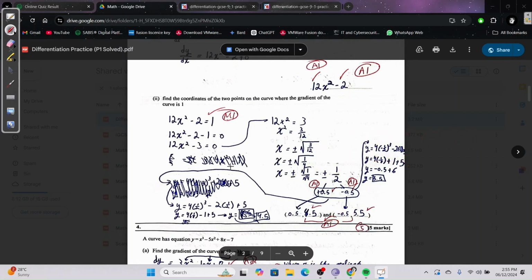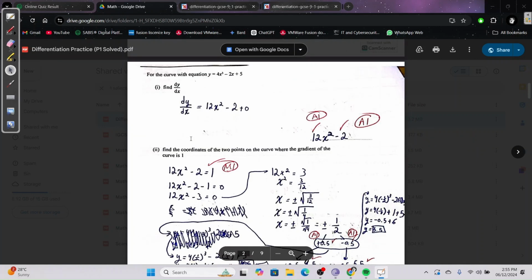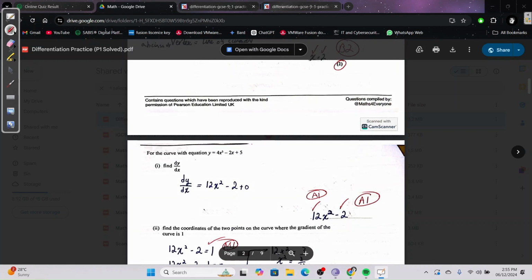You find y when x equals positive 0.5. So y equals 4 times 0.5 squared minus 2 times 0.5 plus 5. y equals, so let's do this on a calculator.